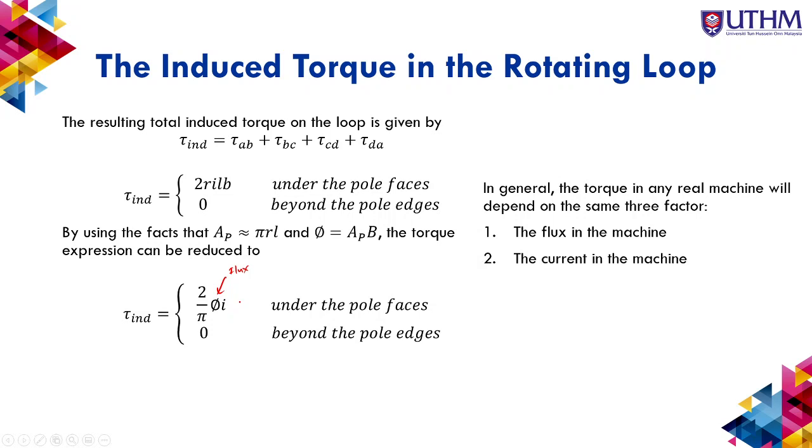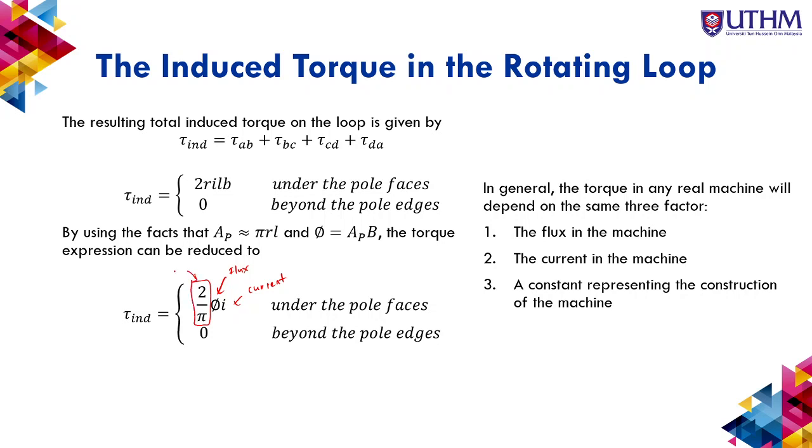And also the current of the machine. When you increase the current, the induced torque also will increase. And the other thing is the constant representing the construction of the machine.